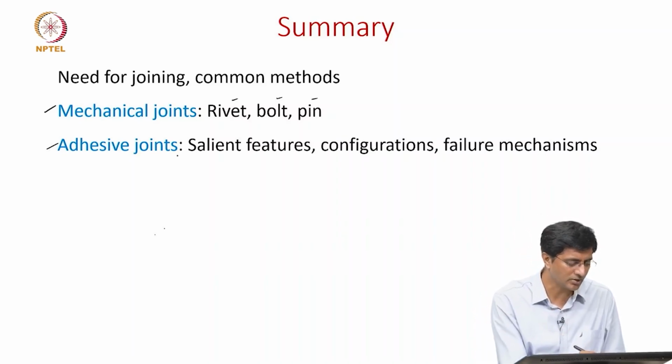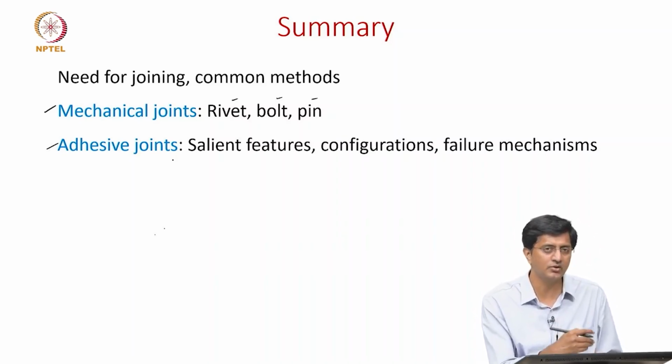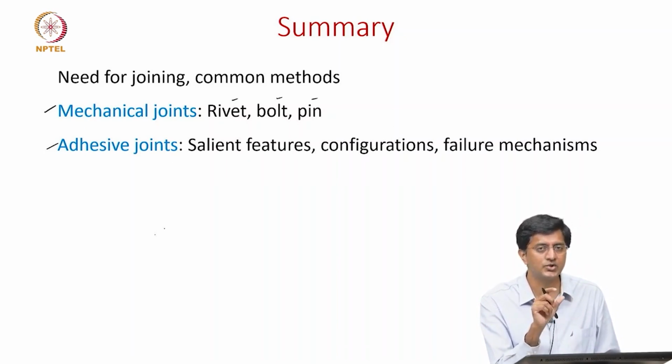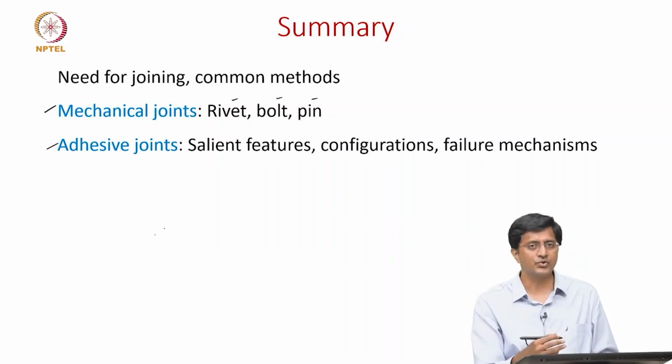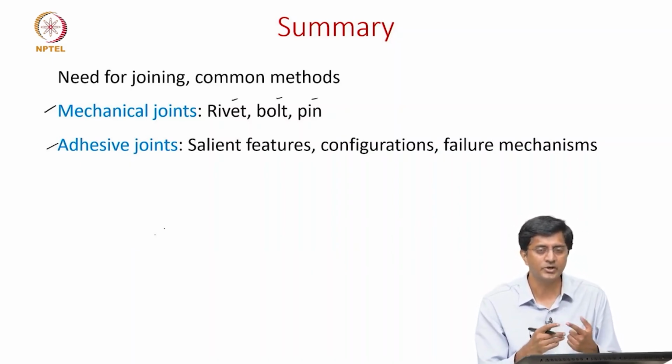Later, when we discussed the adhesive joint, we said it overcomes a few of the disadvantages of mechanical joints, like it avoids the stress concentration at the holes as well as compromising the material by drilling a hole. But it too has a few disadvantages, like it has limitations of working at high temperatures and others.